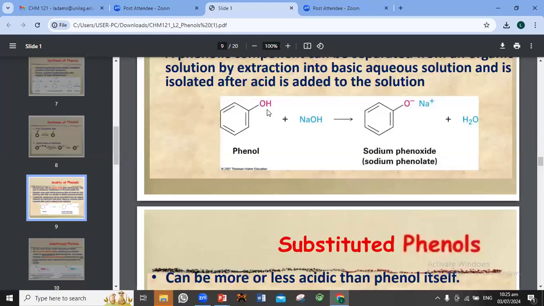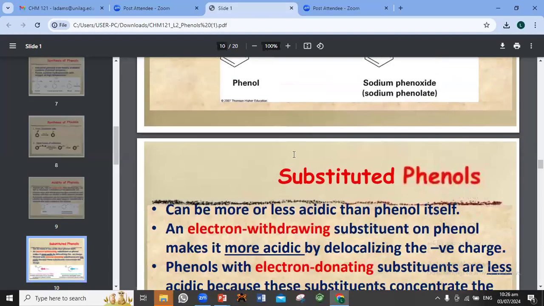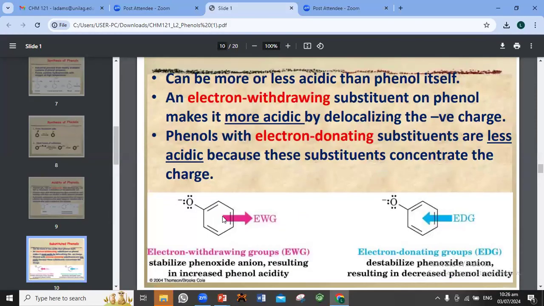When we talk about strong acid and weak acid, we say the strong acids are acids that can ionize almost fully. The point is that substitution on the benzene ring can impact the acidity.